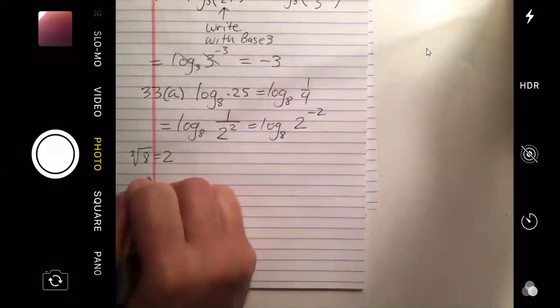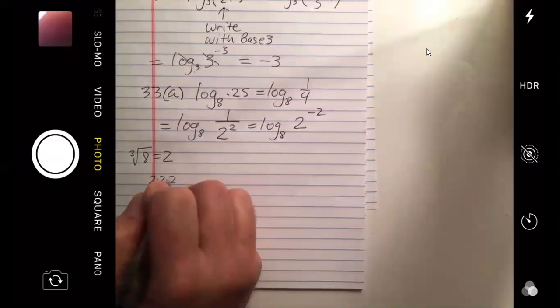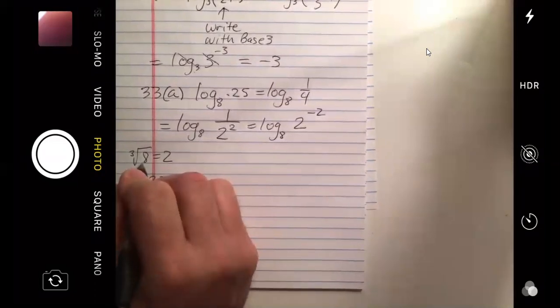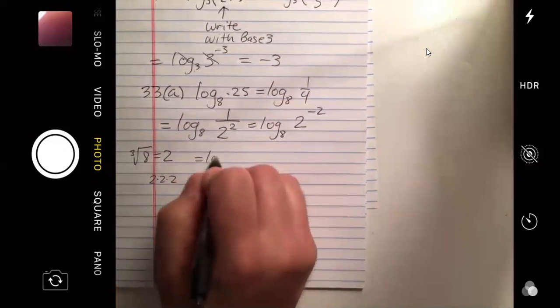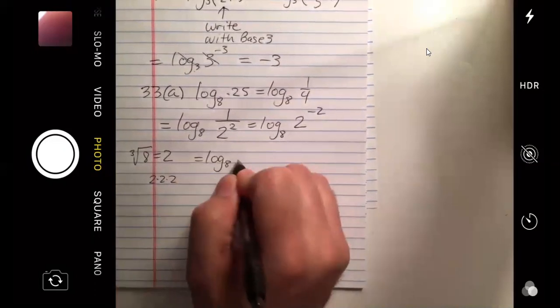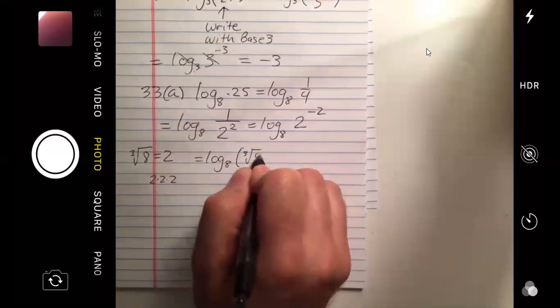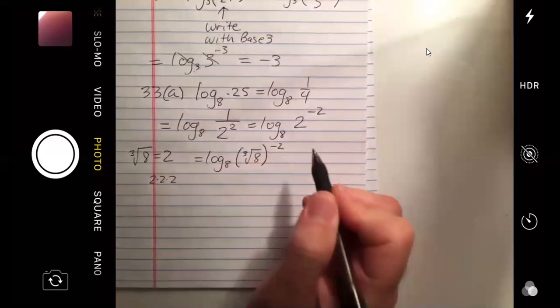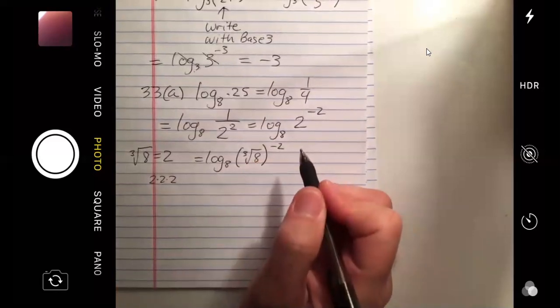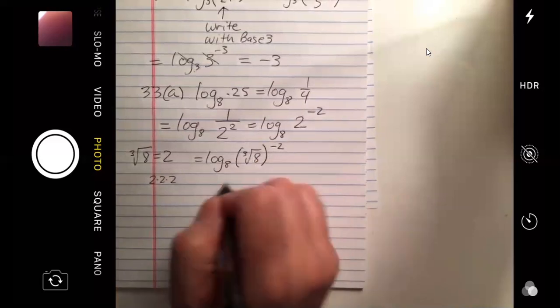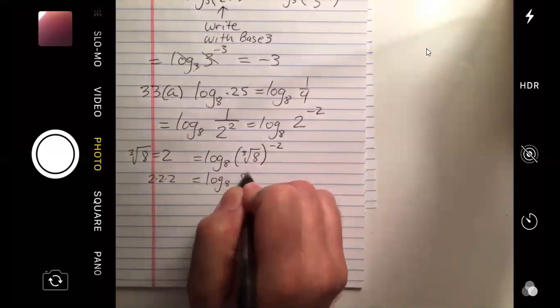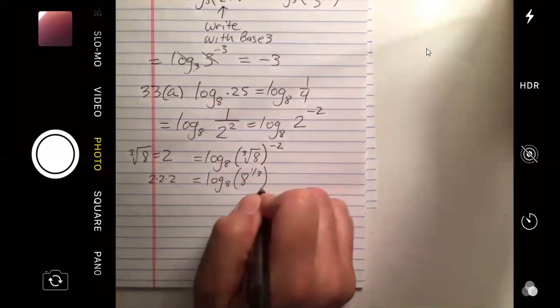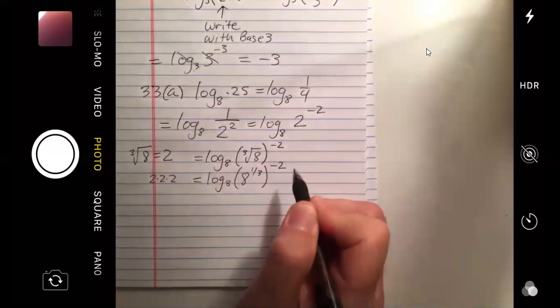That gives you 8. You got 2 times 2 times 2 equals 8. So if I replace 2 with the cube root of 8, I get the cube root of 8 raised to a -2 power, and a cube root is a 1/3 power. 8 to a 1/3, still raised to a -2.